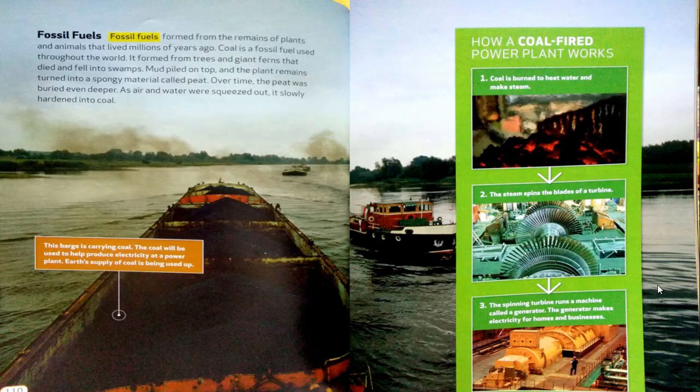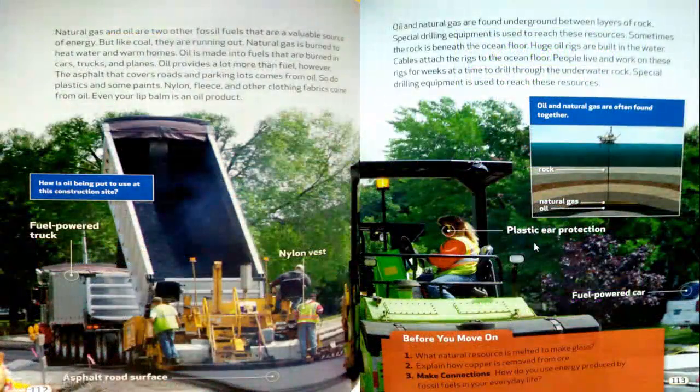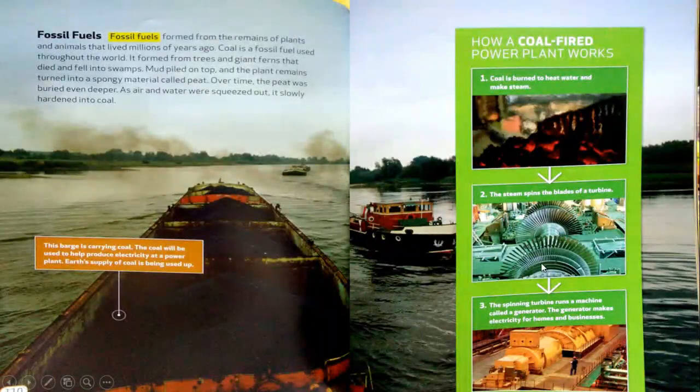Okay, how can we use coal as a source of energy? Coal is burned to heat water and make steam. By heating water, as you know, steam is produced. This steam spins the blades of a turbine. This is a turbine, and these are its blades.